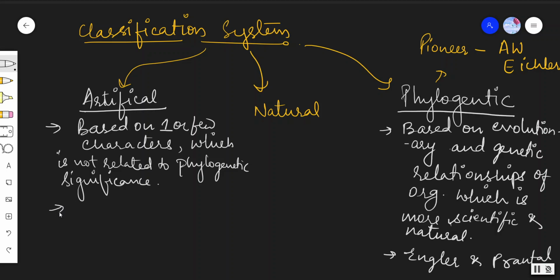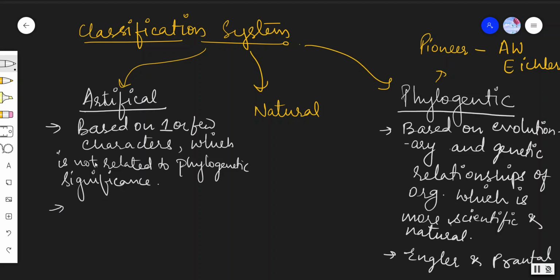Clear? So this is what artificial is. It considers one or few characters only, which are not related to phylogenetic significance, meaning evolutionary and genetic relationship. Those characters are being chosen in this.